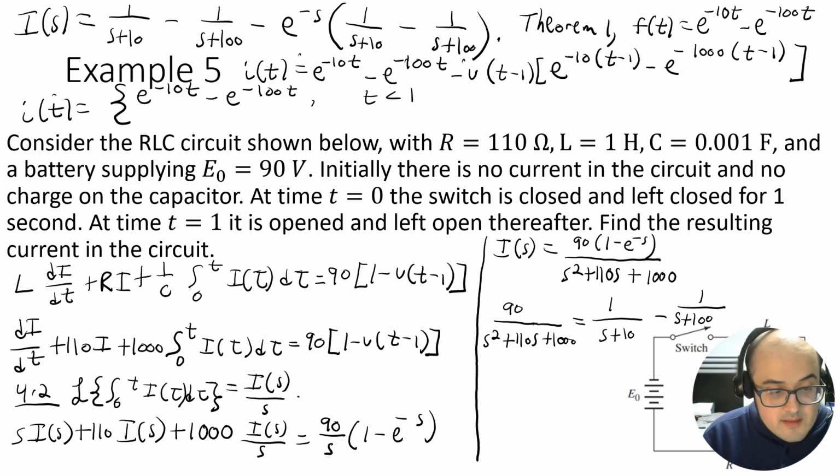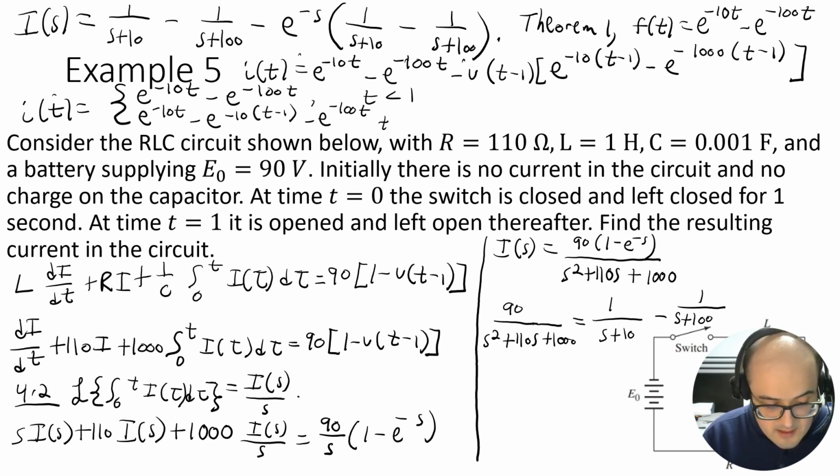And then the other one is e to the negative 10t minus e to the negative 10 times t minus 1 minus e to the negative 100t plus e to the negative 100 times t minus 1.